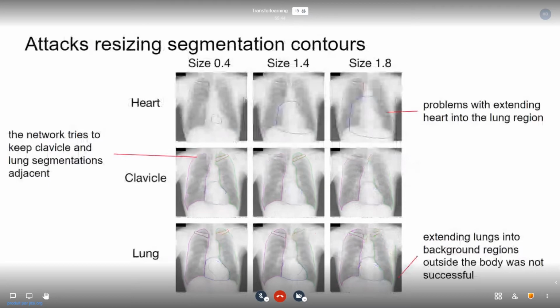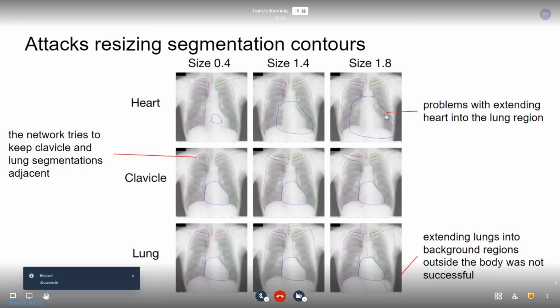And another experiment that we did is with a different kind of attack. This attack resized segmentation contours of the heart and also the other structures. So we enlarged and shrank them by quite a large amount.